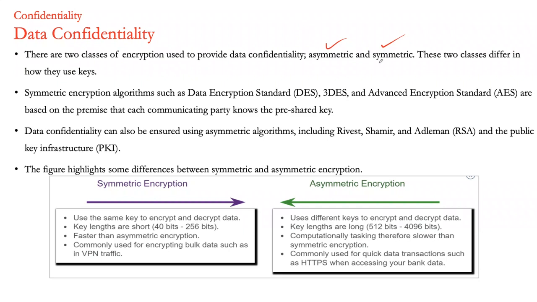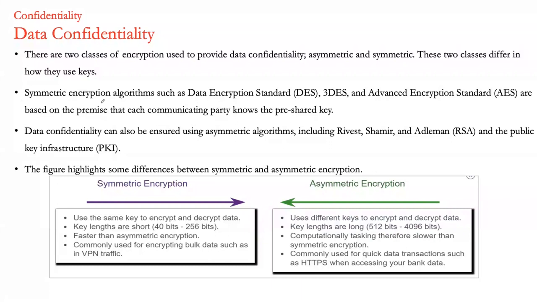In symmetric key, the same key is used for encryption as well as decryption, whereas in asymmetric key, one key is used for encryption and another key is used for decryption.